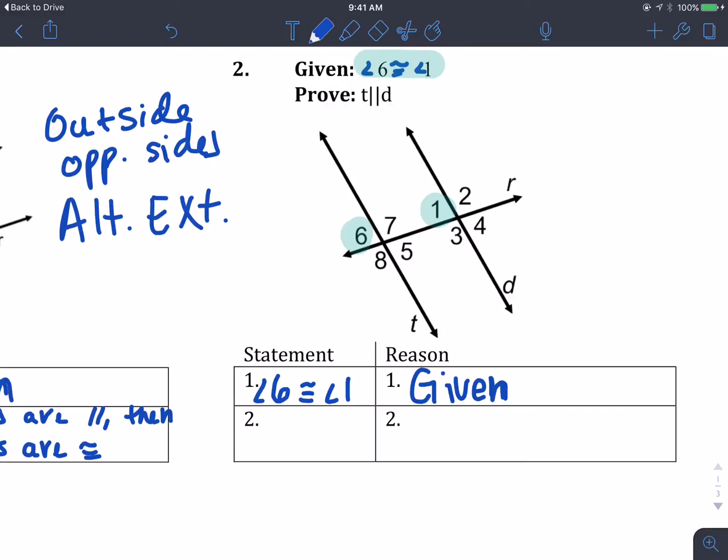And then I'm trying to prove that line T is parallel to line D. So just like before, we do have to decide what kind of angles these are. When I look at these, they are not both in between the lines. They are not both outside the lines. So that means they're going to have to be corresponding.